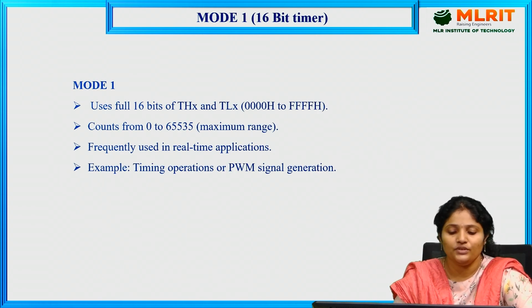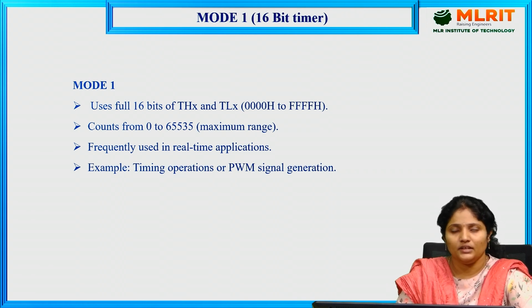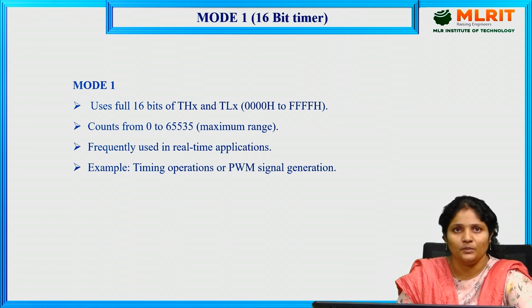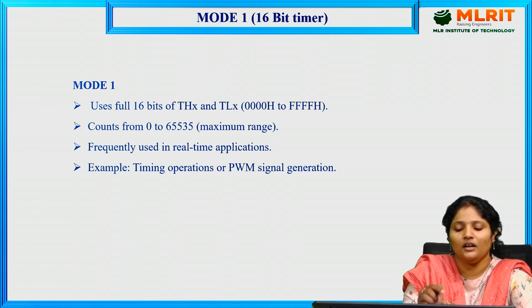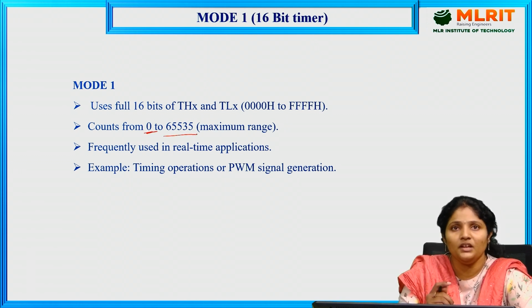So it uses the full 16 bits of the timer register. Timer 0 will be used from 0 to 16-bit and timer 1 will be used from 0 to 16-bit. The lowest count will be 0 and the maximum count will be 65,535 in decimal.